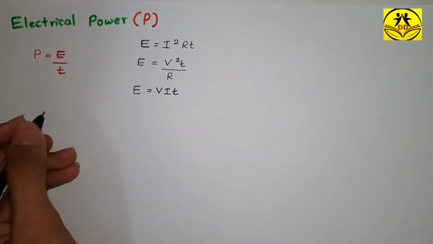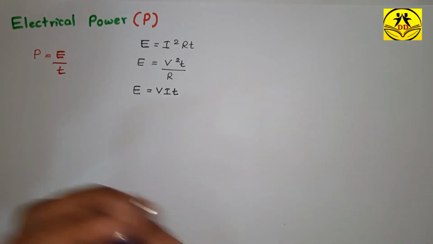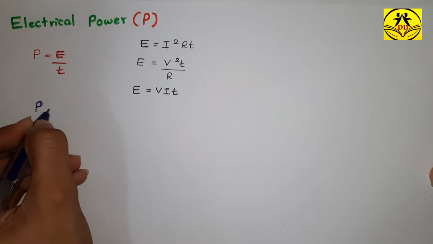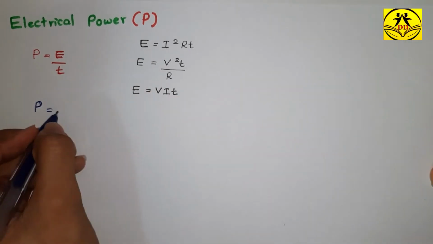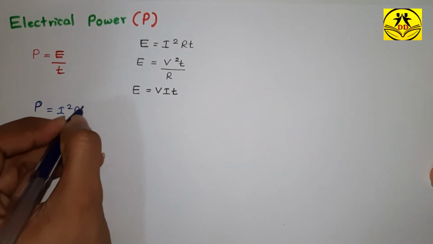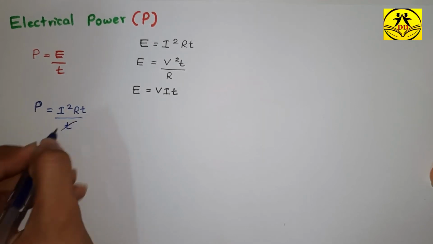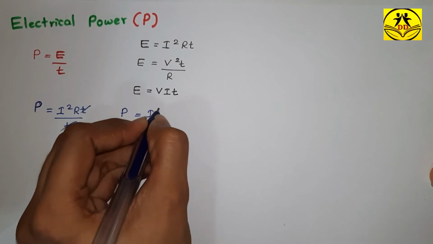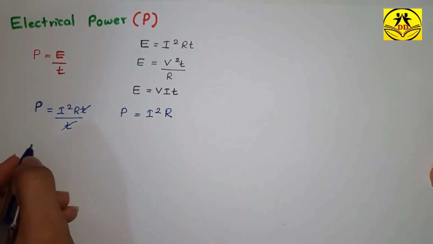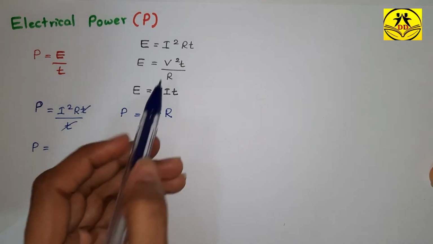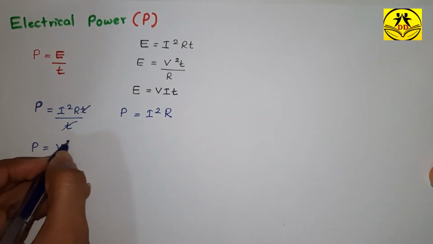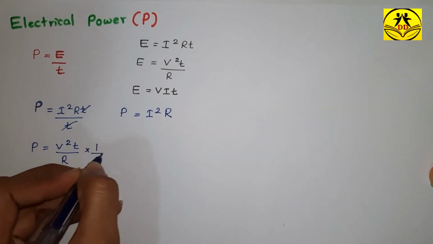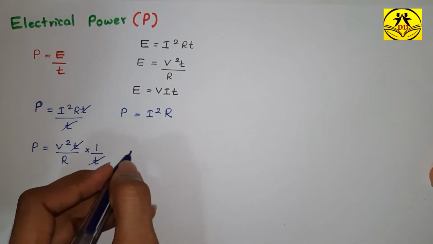So then power can be written as, first, I squared RT over T. T gets cancelled. Power equals I squared R. Also power equals this V squared T over R divided by T. T gets cancelled.